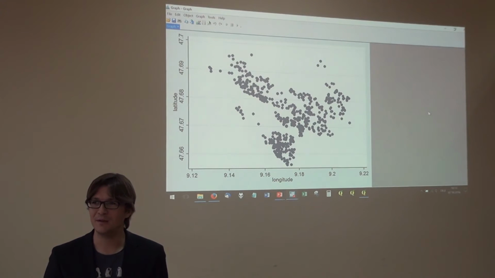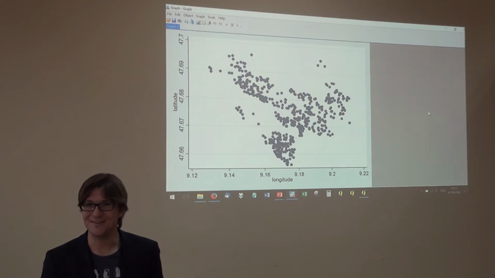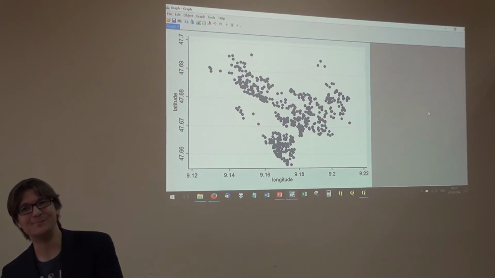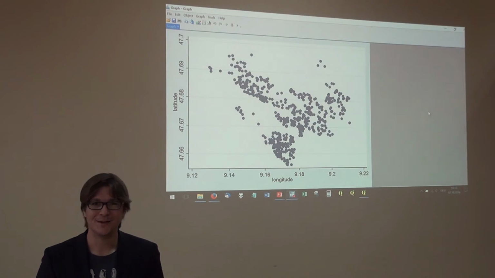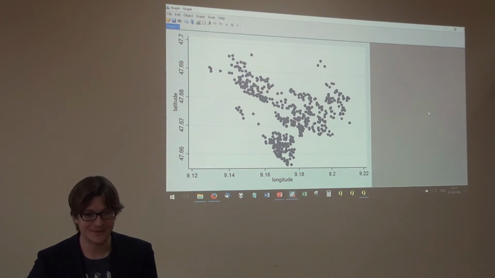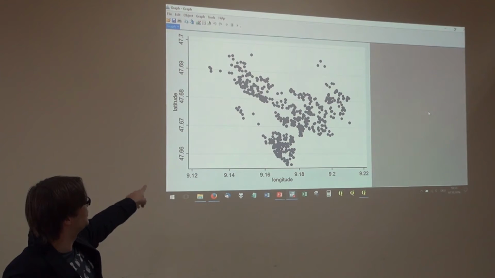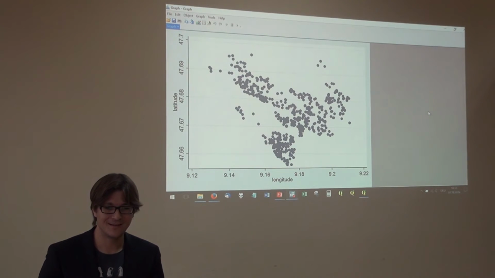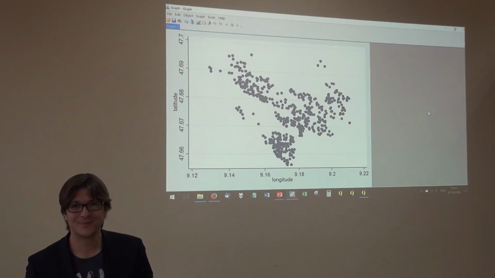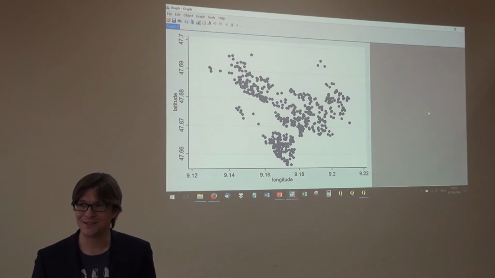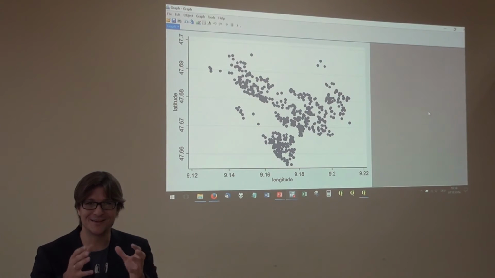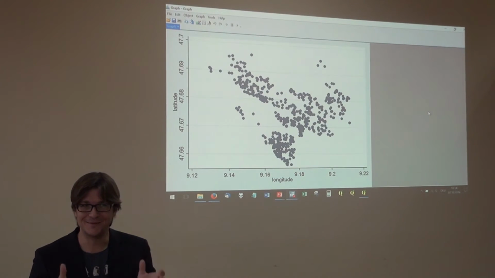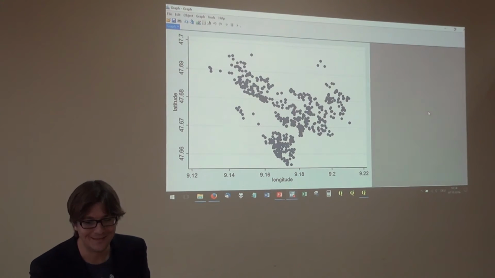So that shows me that there were no huge mistakes in exporting the data and importing it again, and as you might know, with importing and exporting there can be a lot of problems. And we see here latitude and longitude. As I told you, this is unprojected. So this is not in meters and kilometers, but in degrees on a globe.